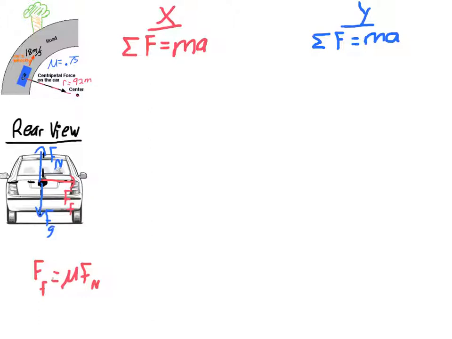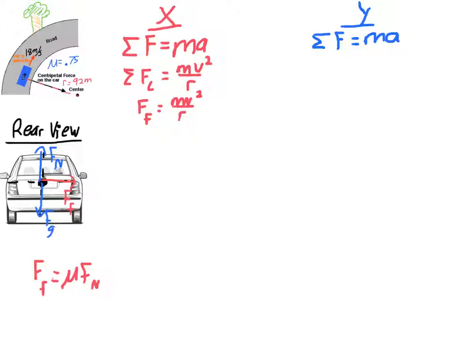So in the x-axis, the sum of the forces equals ma, but what's actually happening here is centripetal force. The car is trying to go in a circle. So centripetal force equals mv squared over r. And the force that's providing that centripetal force is the force of friction. Force of friction is going to now be mv squared over r. And there aren't any other forces pointing into the circle or out of the circle. It's the force of friction that's providing it.